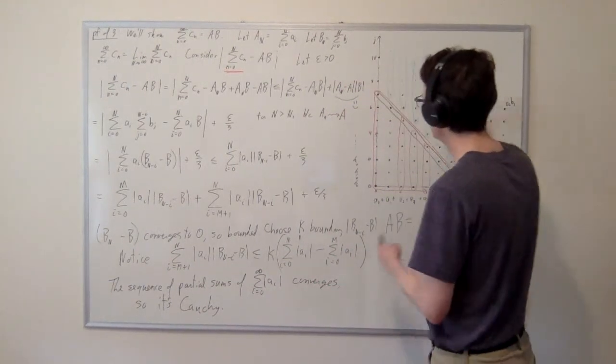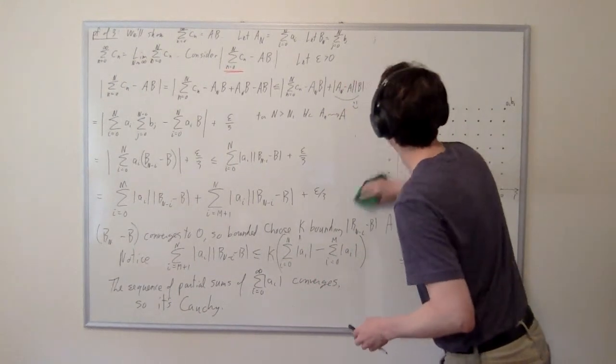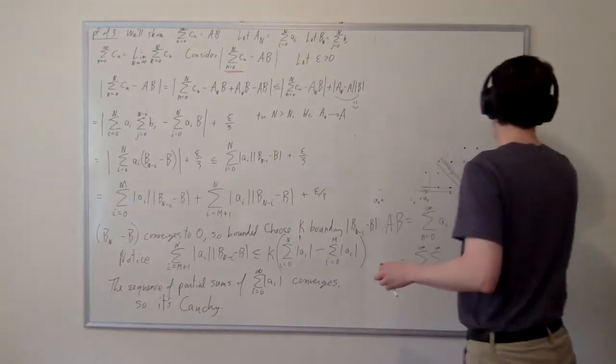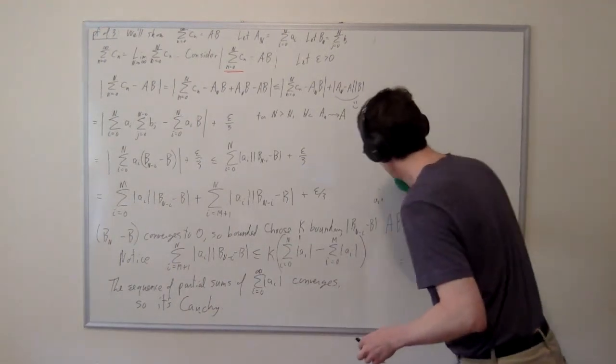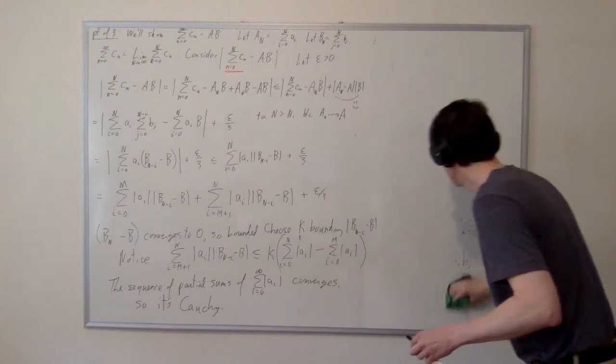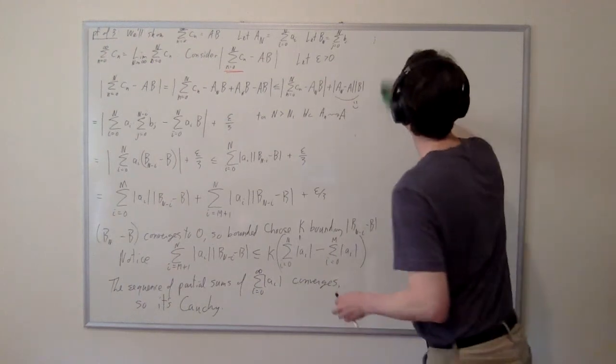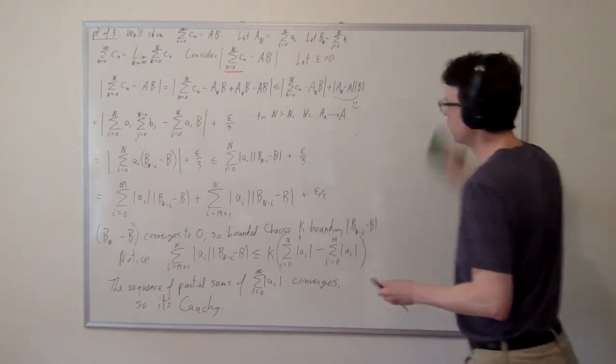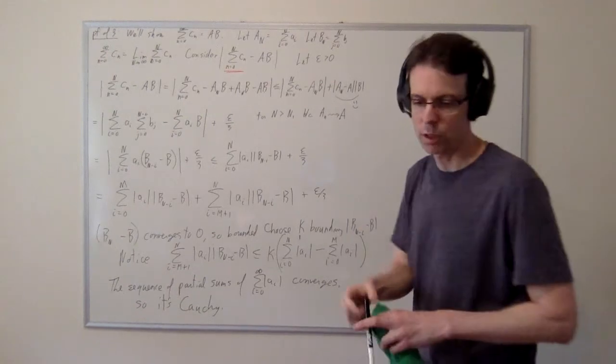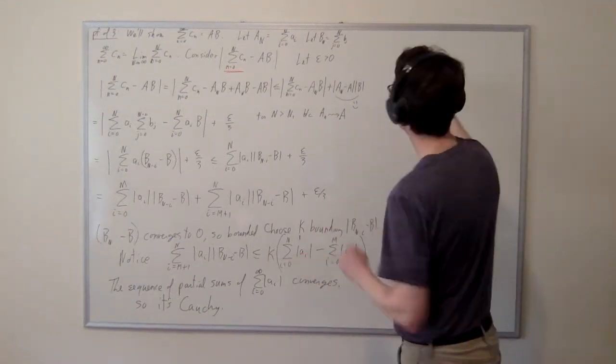So I think it's time to erase this picture, and then we'll make that happen. So what we're going to do now is choose some m that will actually make that happen. So that's Cauchy.